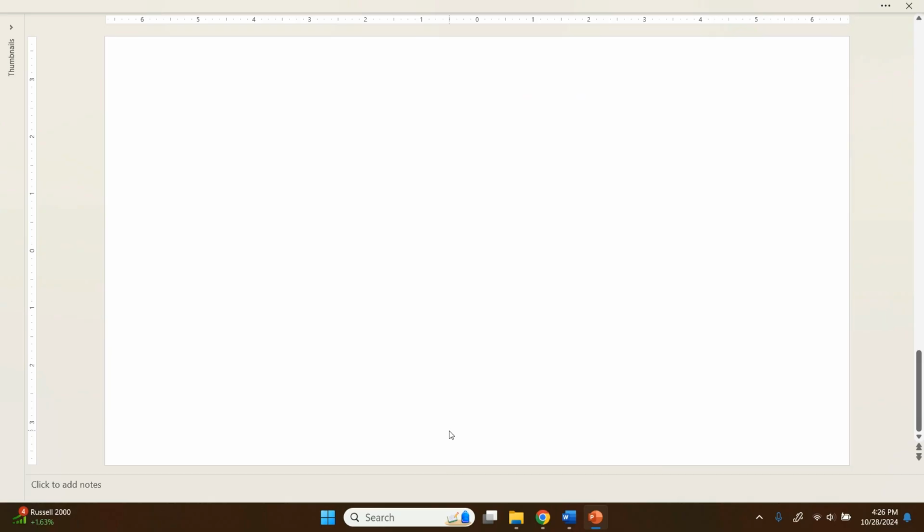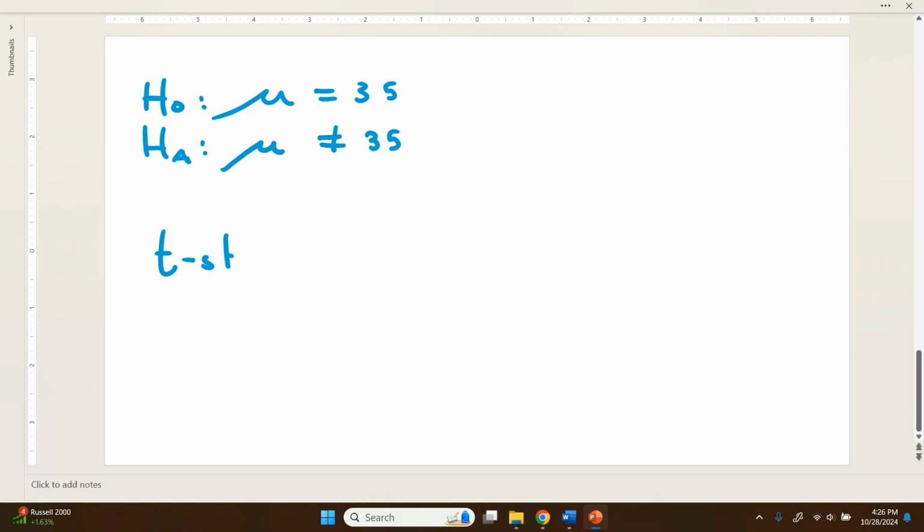So just reviewing. Mean equals 35, not equals to 35. So here's our t statistic, t stat for short, and that is equal to negative 3.35.